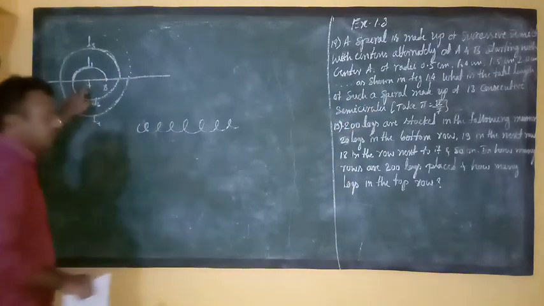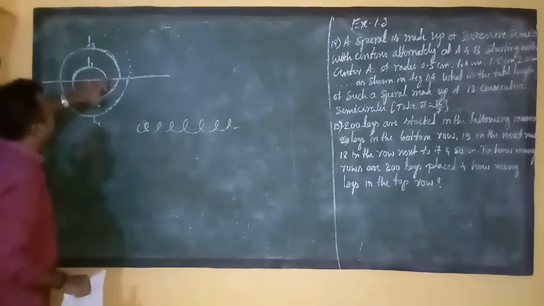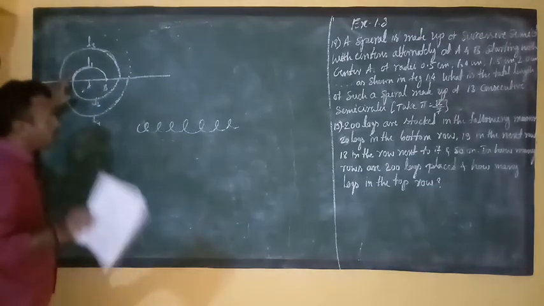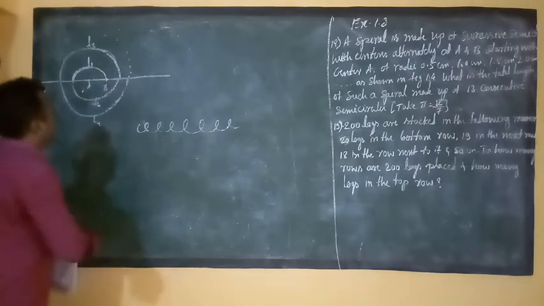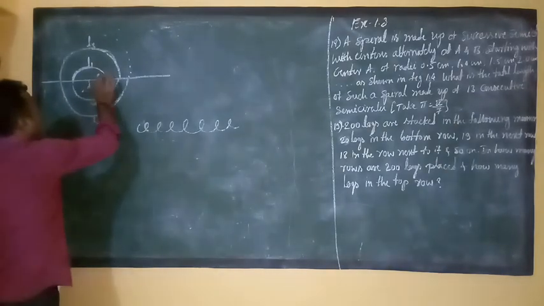A is the first center, L1 is the length of the first semicircle. Then L2 is the length of the second semicircle. Then B is the center of the second semicircle.